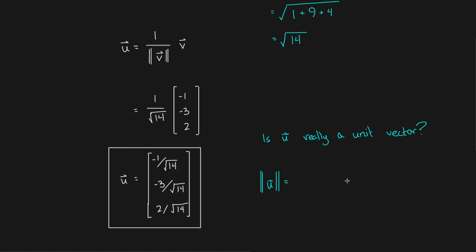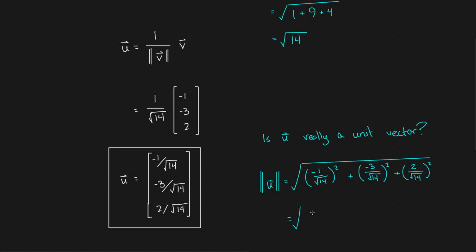This better be a unit vector. So the square root of the first component squared plus the second component squared plus the third component squared.